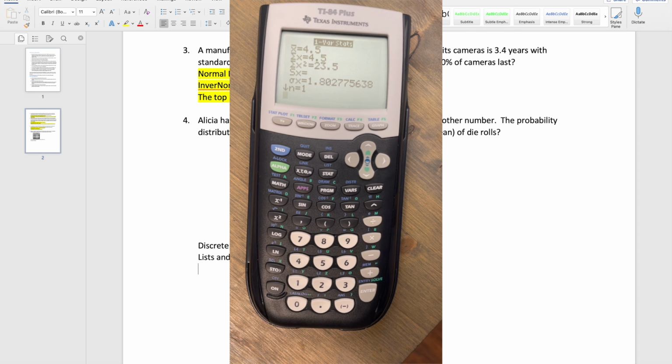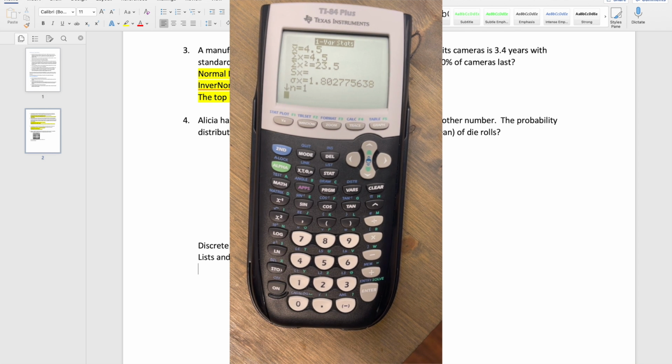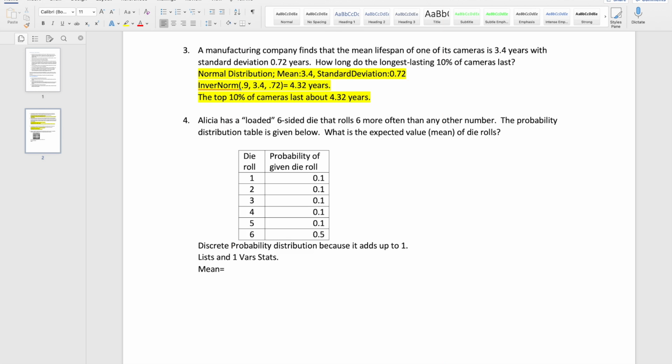Okay, so we found our mean. Our mean, or x bar, is equal to 4.5. And let's just make sure that our table is correct. 0.1, 0.1, 0.1, 0.1.